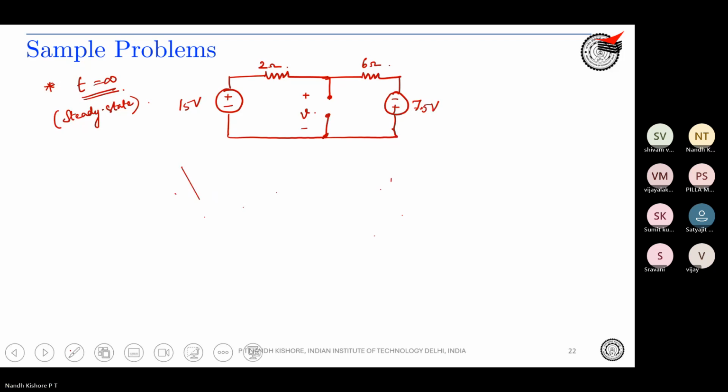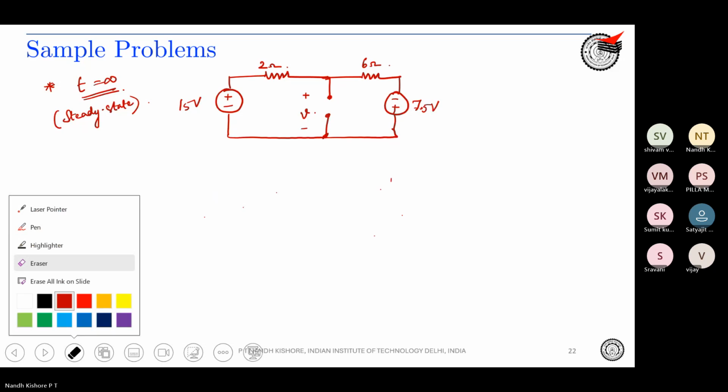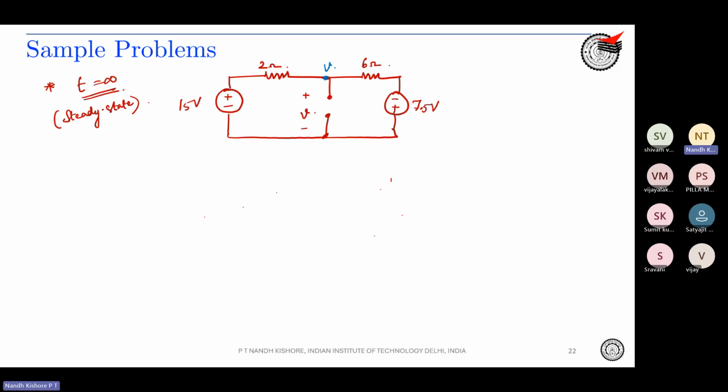So what is the voltage V? This is the voltage, right? So I can write by nodal analysis: (V minus 15)/2 plus V plus (V minus 7.5)/6 equal to 0, right?